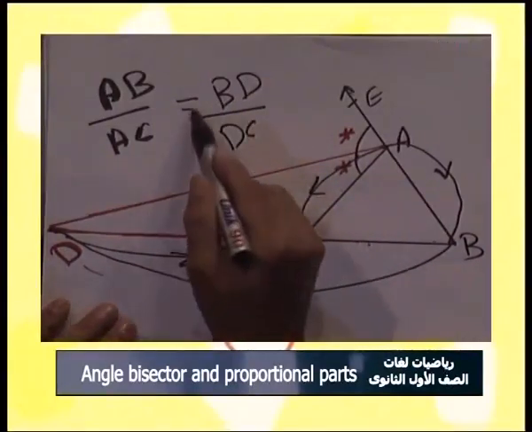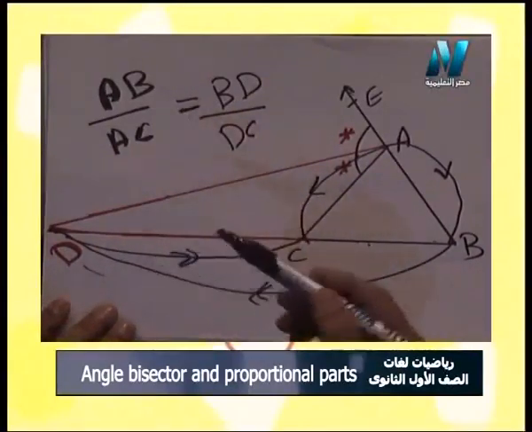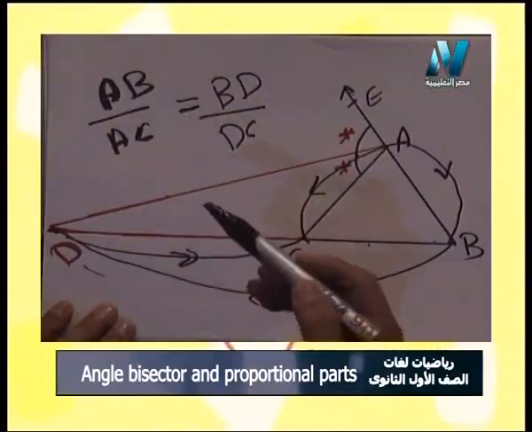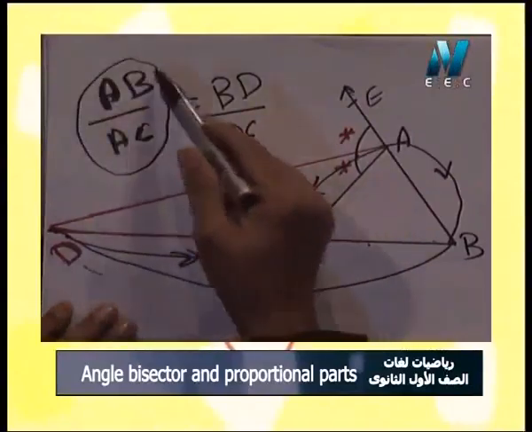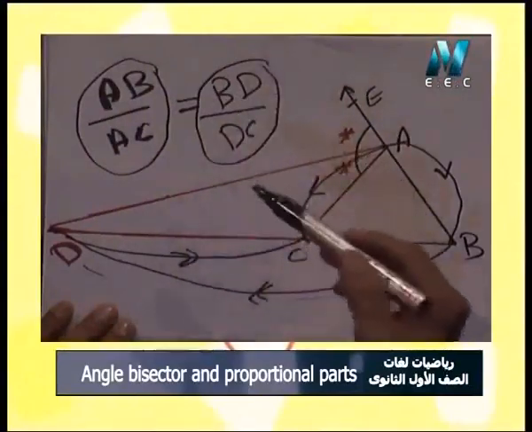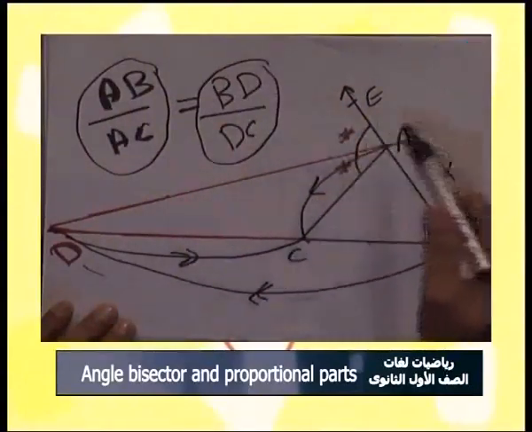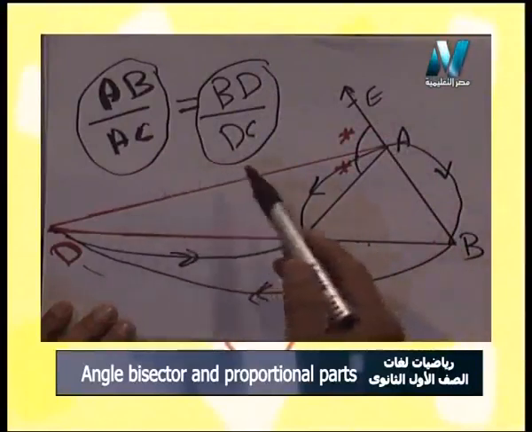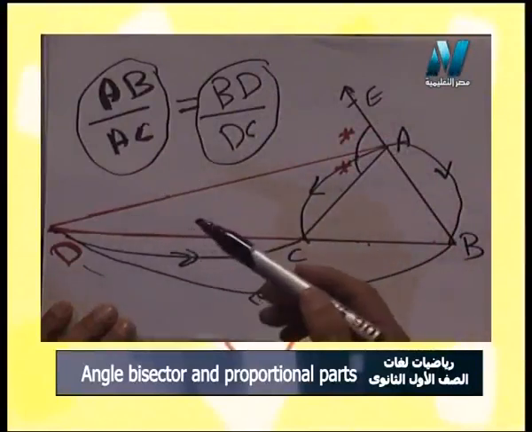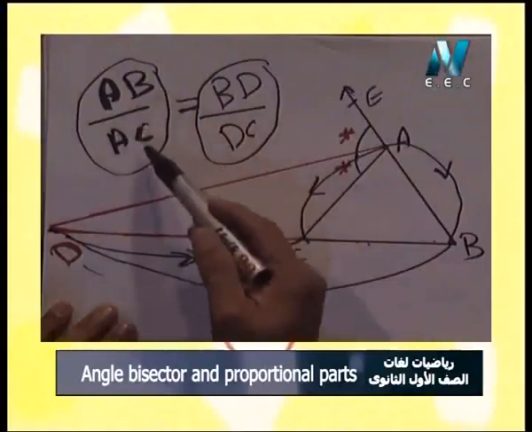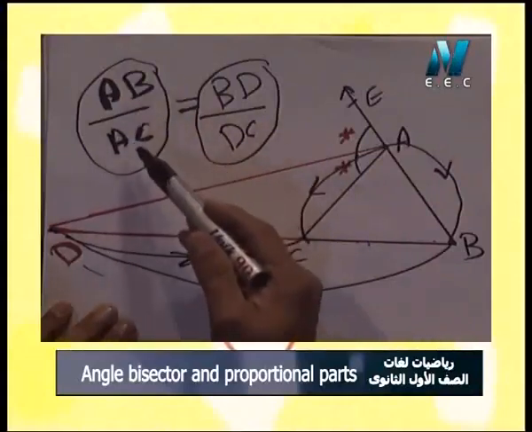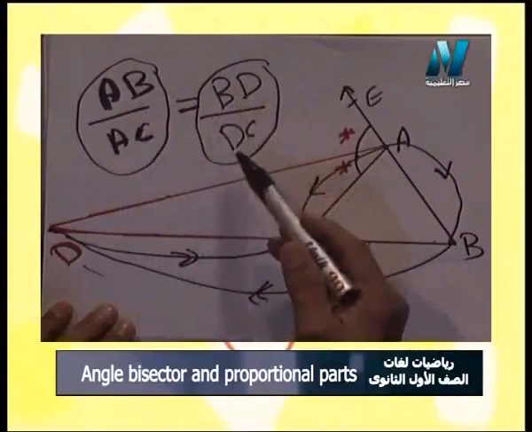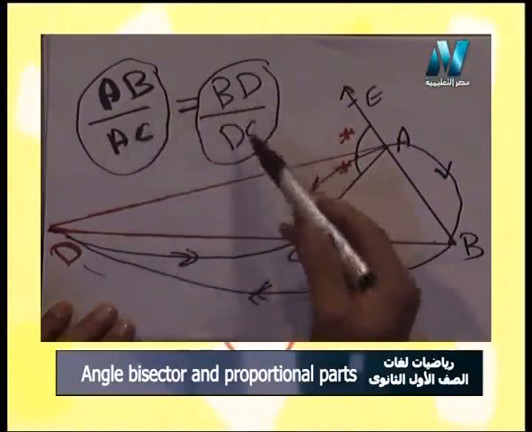We have proportional parts here. The meaning of proportional is that a ratio equals another ratio, and we can say equal many ratios. So we say that these ratios are proportional if these parts are proportional. AB is proportional with AC, BD and DC if the ratio here equals the ratio here.